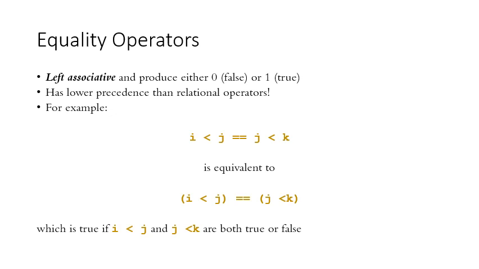It is equivalent to first testing whether i is less than j and whether j is less than k, before testing whether the two results are equivalent. So it is true if i less than j and j less than k are both true or both false.